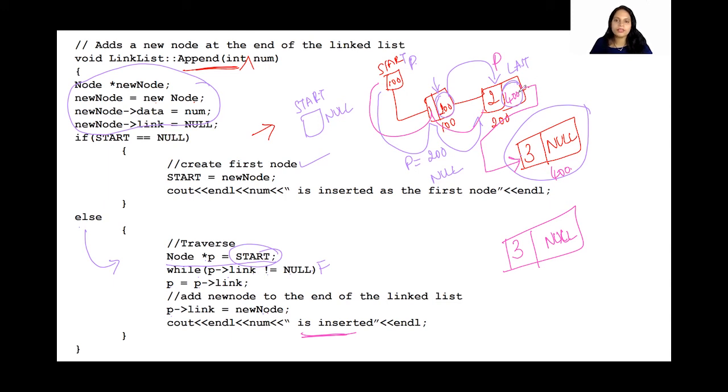Once I find the last node, I'm going to remove the null and add my new node address. And by doing that, I'm going to add my new node. In case my start was empty, as in my linked list was empty, directly I'm going to link it to the new node by using these codes, right? I hope this is clear.